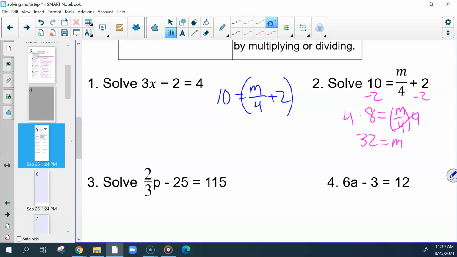Multiple, that's the word I'm looking for. A multiple of this, so 4 would work. I can multiply this entire side by 4, but because I am doing that, I also have to multiply this side by 4. You have to keep it equal. What happens there is this side becomes 40, and I'm going to multiply this 4 to both of these, like I'm distributing.